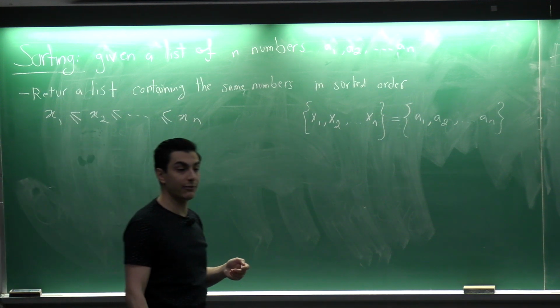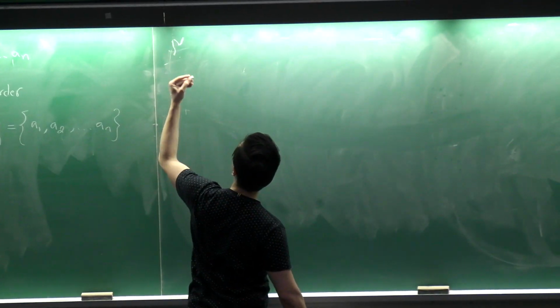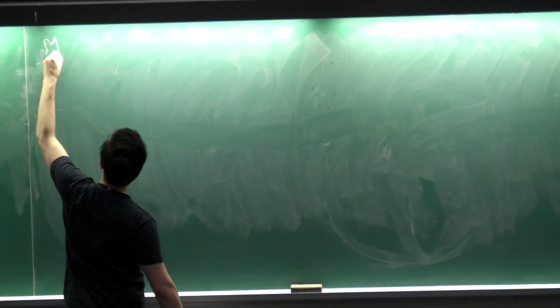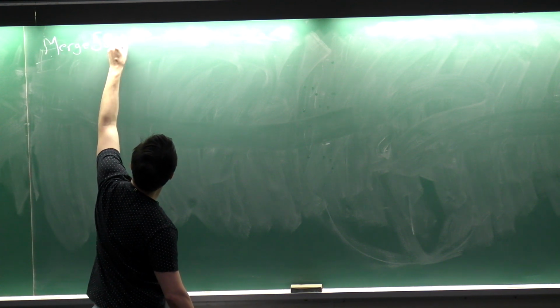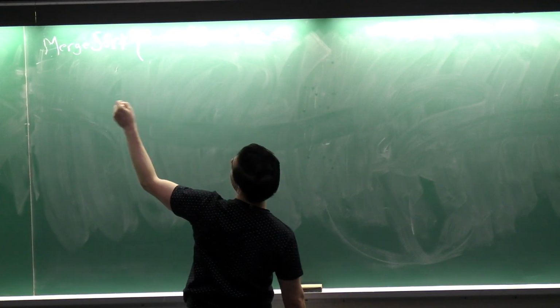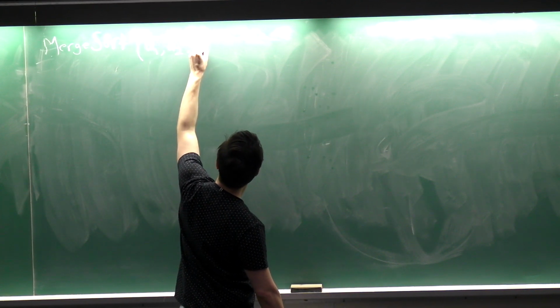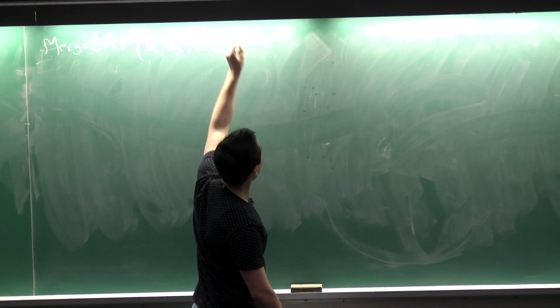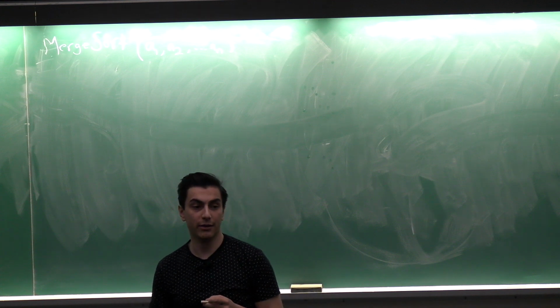Now let's try to draft the MergeSort algorithm. The MergeSort algorithm will take as input these numbers, A1, A2, all the way to AN. So what should I do? We have here a recursive algorithm.